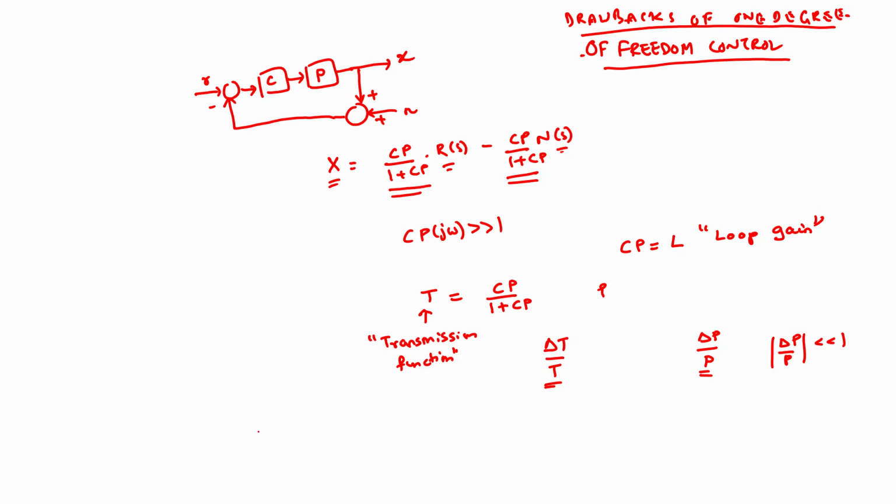That is what we are out to do. So to do this, it is a little bit of algebra. We note that T is going to be given by L by 1 plus L. So this implies that dT by dL is going to be equal to 1 by 1 plus L the whole square, or in other words dT is equal to dL by 1 plus L the whole square.